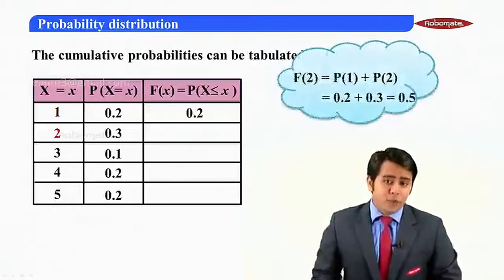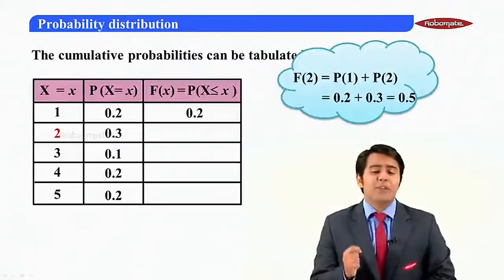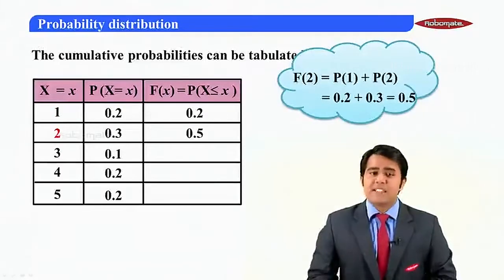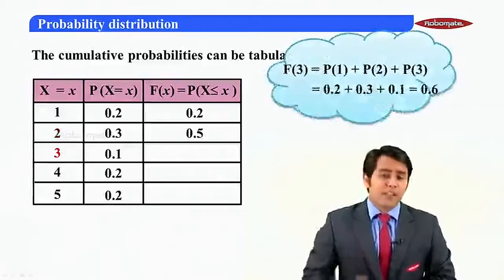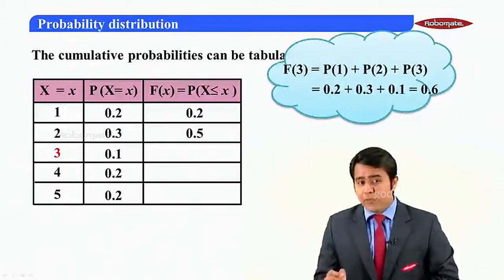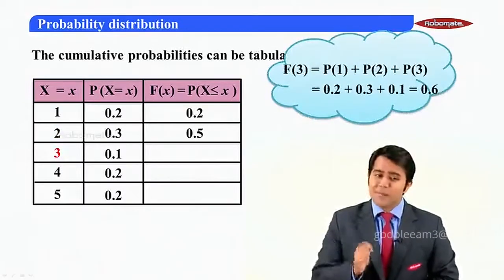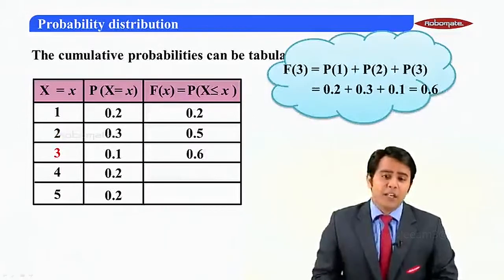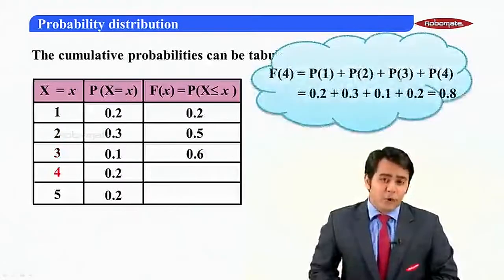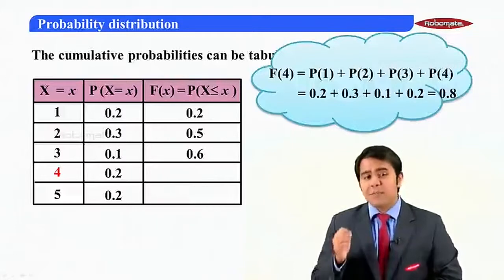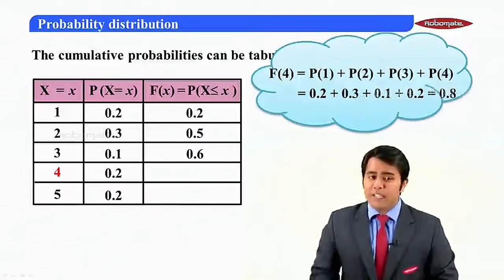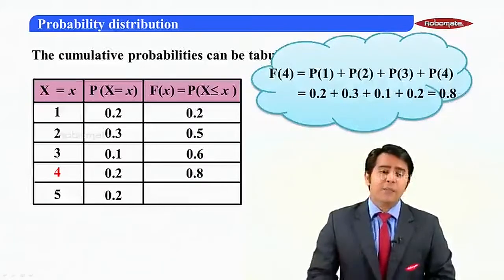For F(2), I have the value P(1) plus P(2), which is nothing but 0.5. For F(3), it will be P(1) plus P(2) plus P(3), which is 0.6. For F(4), the value will be P(1) plus P(2) plus P(3) plus P(4), and this will be 0.8.